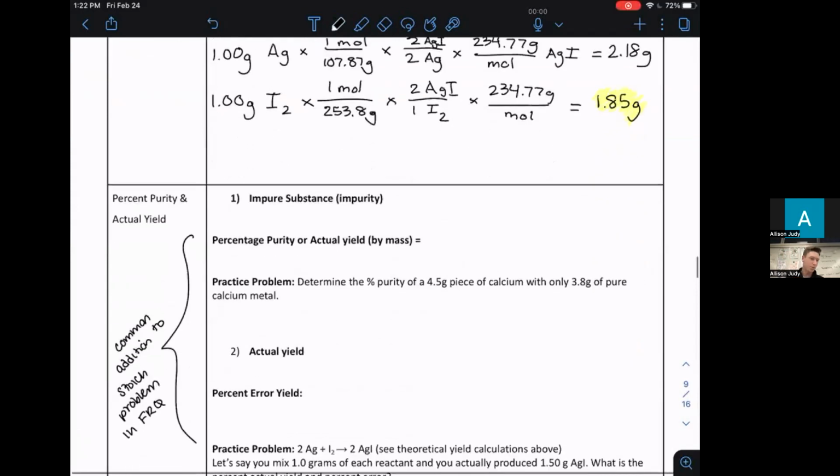Our next topic is somewhat similar. In this case, we're going to be talking about impure substances and percentage purity or actual yield, which kind of sounds like what it is. So an impure substance is a chemical reactant or species that contains another unwanted substance.